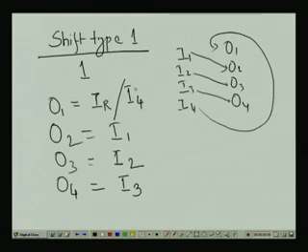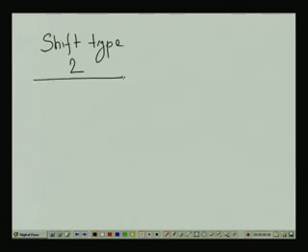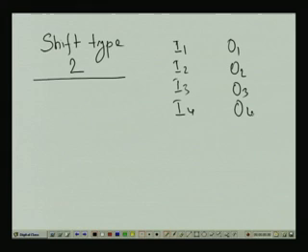If it is shift type 2, then there will be a 2 bit shift.